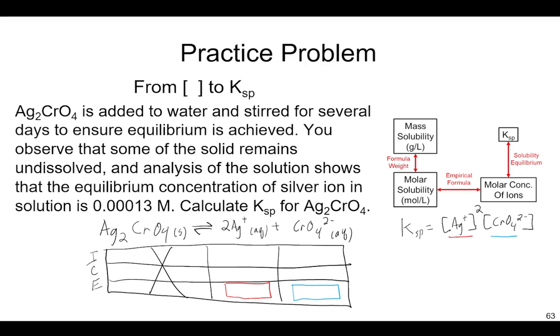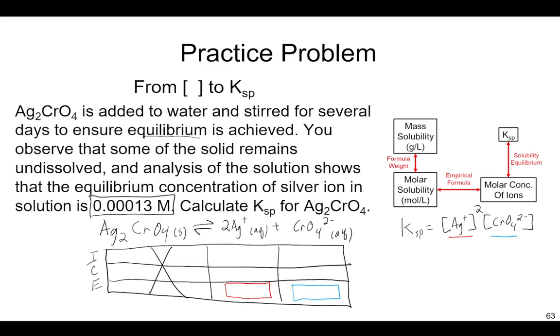So silver plus squared times CrO4 2 minus. And now let's see what else we're given in the problem. We've added this solid to water, stirred it, it's gotten to equilibrium, hence this equilibrium arrow. And we check and see that the equilibrium concentration of silver is this.